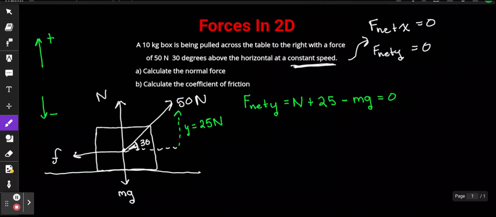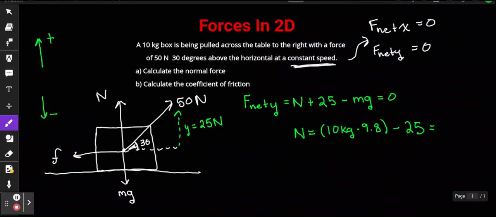We already know what our mg is, so we can simply rearrange our equation as N equals mg, which is 10 kilograms times 9.8, minus 25, and that should give us our normal force.